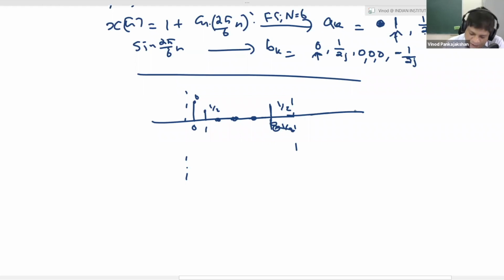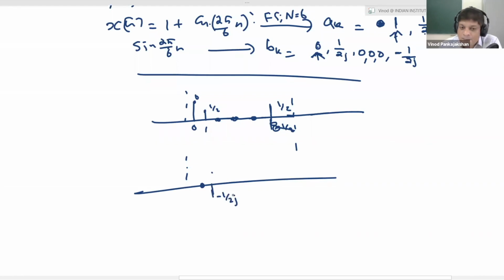Now, what about the second one? You have to flip the second signal. Remember this is 0. If you flip it, you will get something like this. This one is 0, and the next value is minus 1 by 2j. Yes, it is minus 1 by 2j.